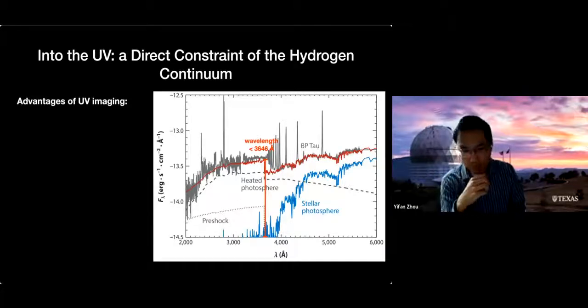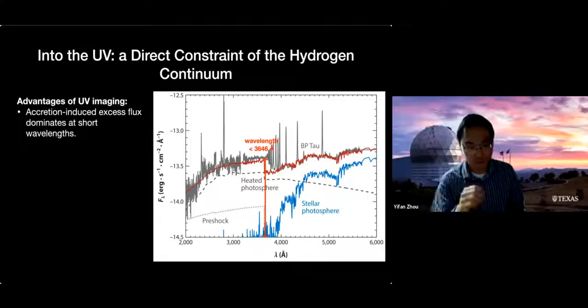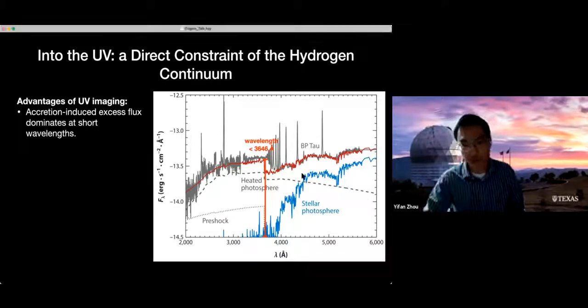the best way to constrain the excess emission induced by the accretion activity is perhaps to trace it into the optical and even better in the UV band. The advantage of UV imaging is that the contribution of most of the accretion-induced flux increases as we go to lower wavelengths.